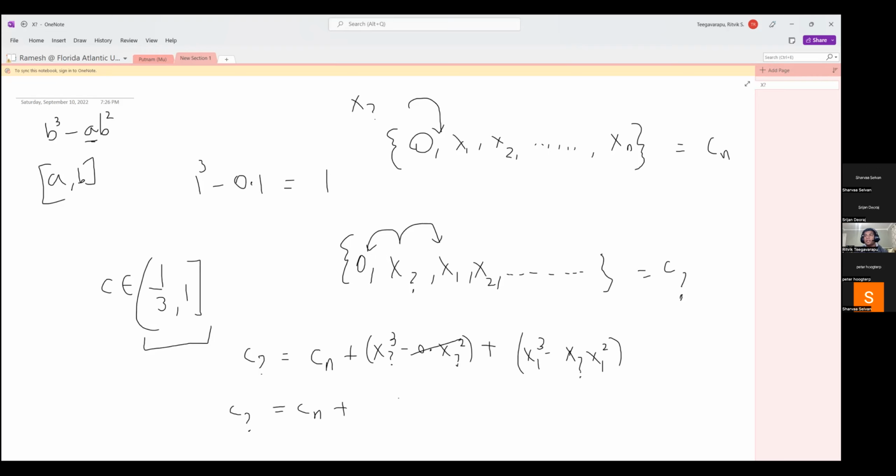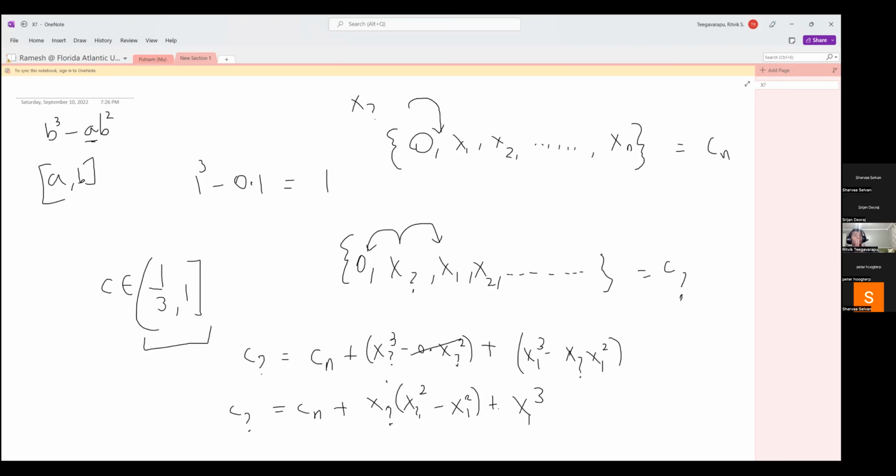This is simply that. We can then factor: x question mark squared minus x1 squared plus x1 cubed.